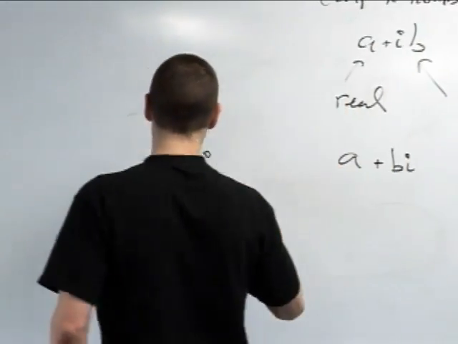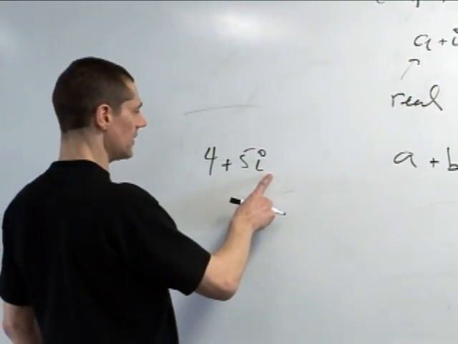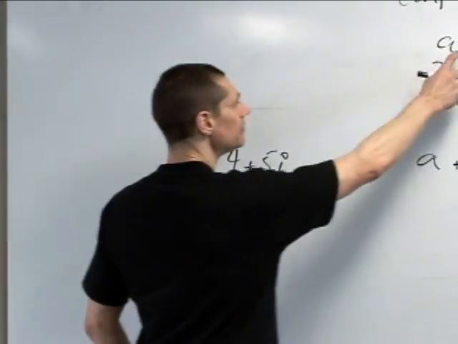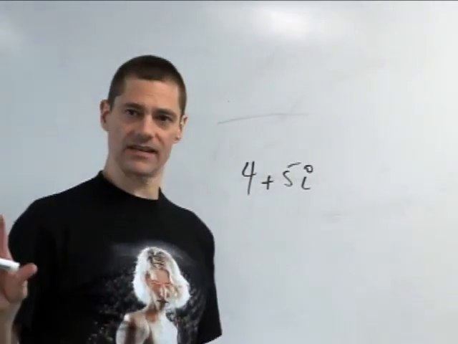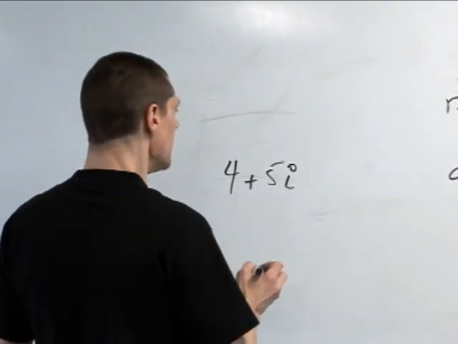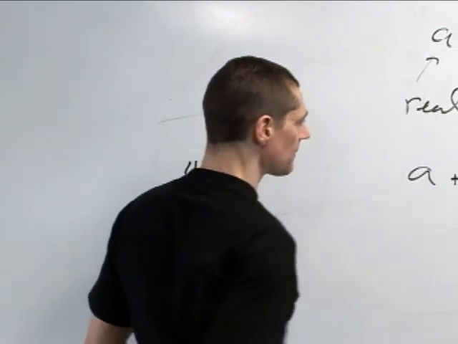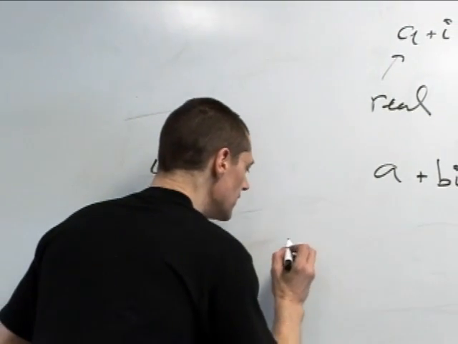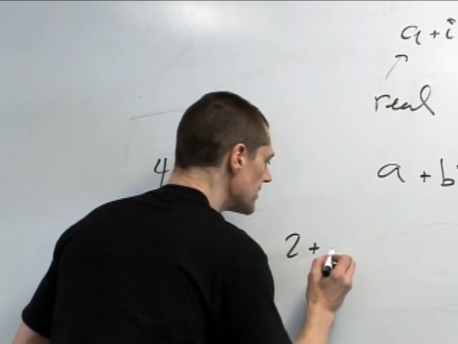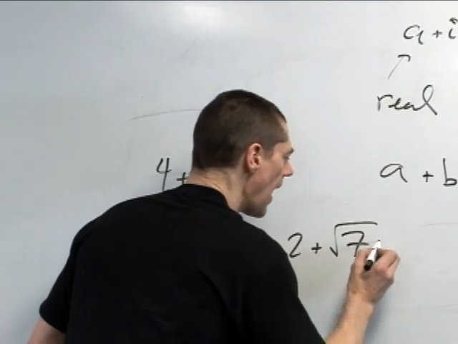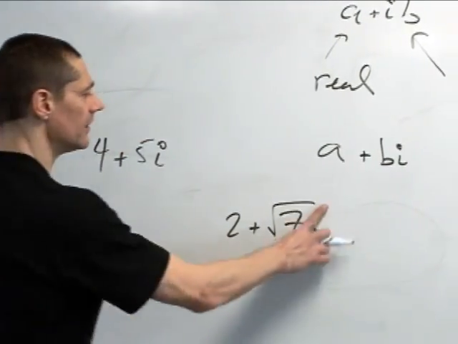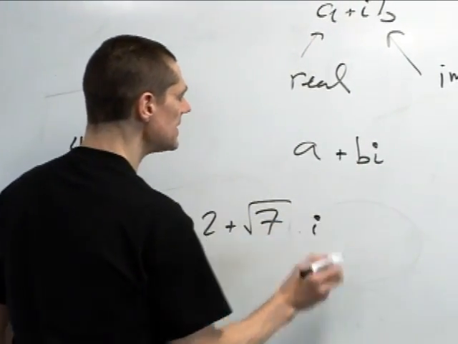You'll notice that this is the preferred notation in general, a plus ib. There's one case when it isn't, and that is if b is a radical. Generally speaking, you don't want 2 plus the square root of 7i. And here's why. It's not easy to tell.